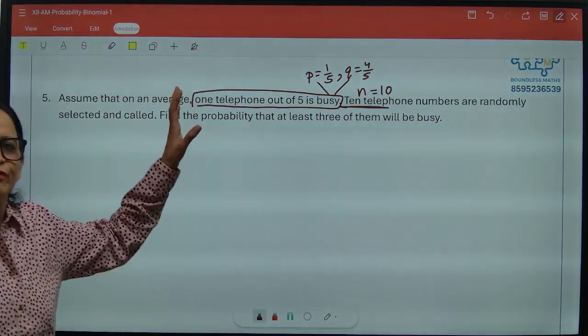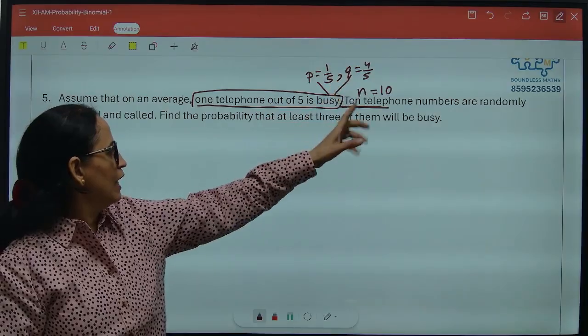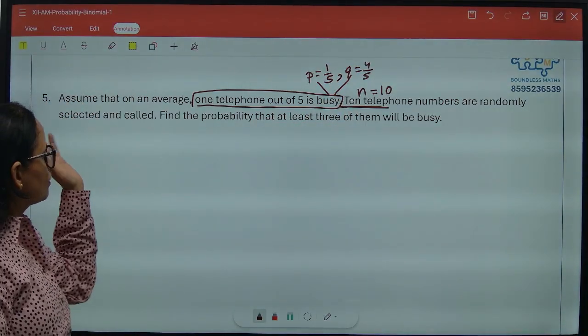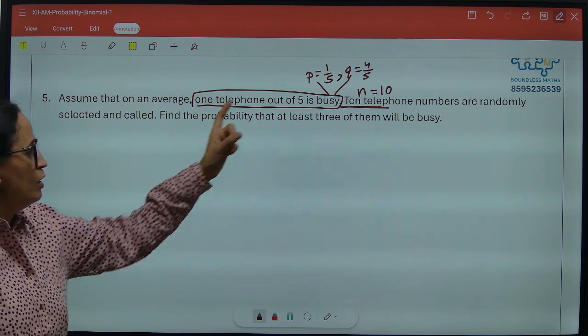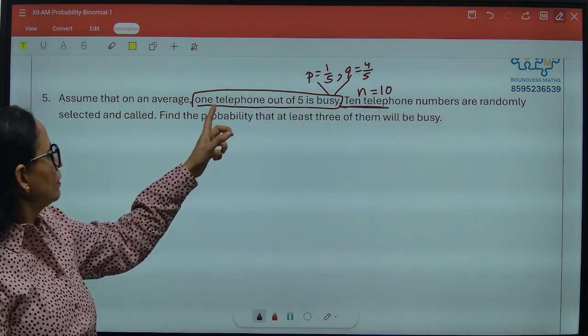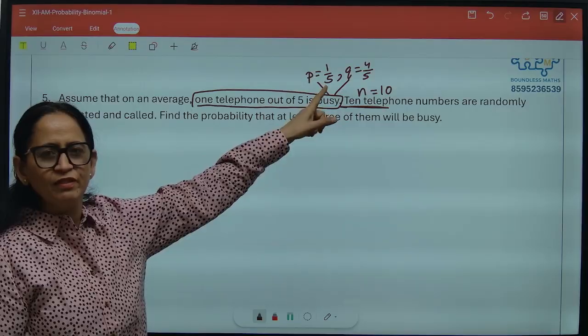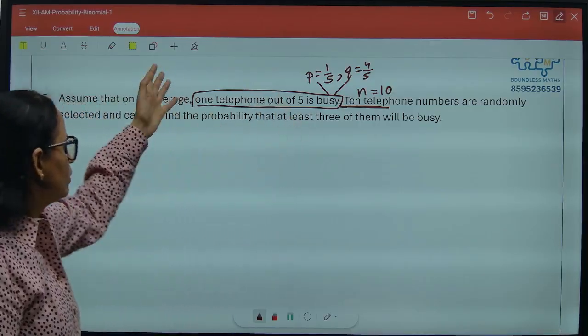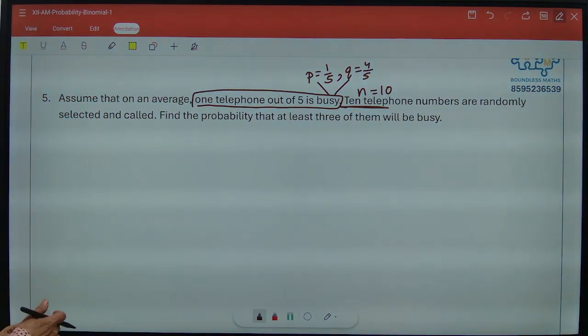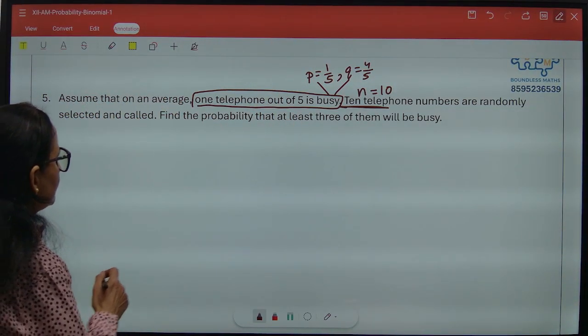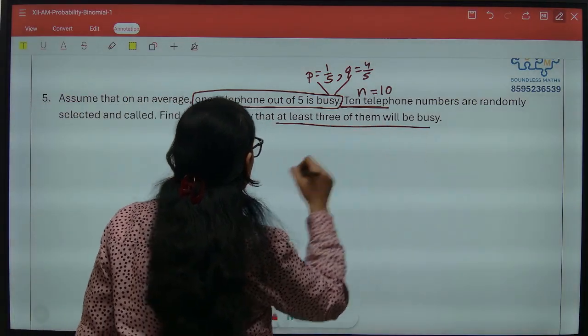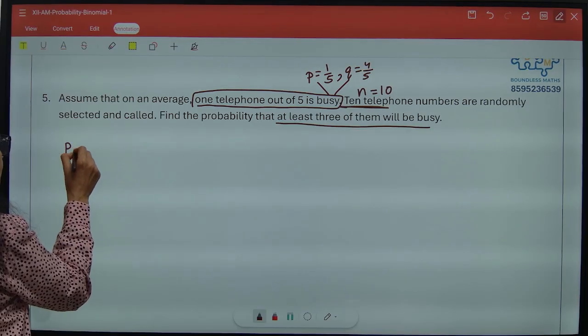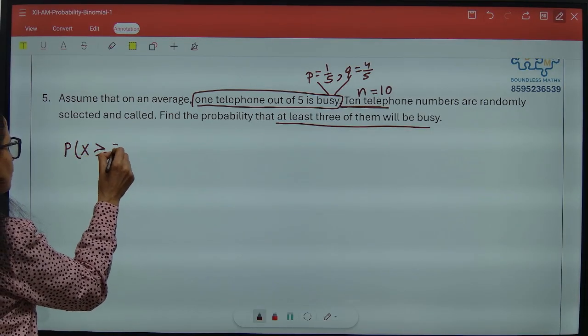So now we have all the values of P, Q and N, and we understand it is a binomial distribution because N is finite, P is having a fixed value across trials, and there are just two outcomes, P and Q. Either the phone is busy or it is not busy. So we need to find the probability that at least 3 of them will be busy. That means probability of x being greater than equal to 3.